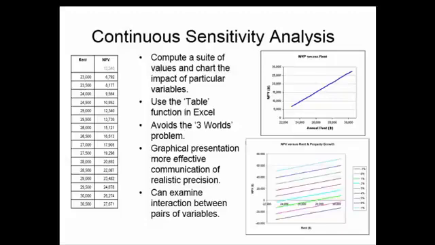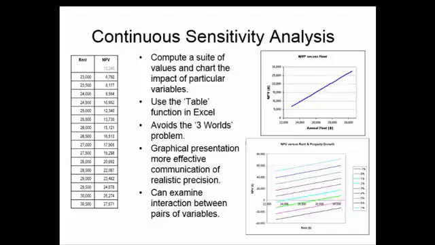We don't pretend to know net present value down to the nearest dollar. We probably only know it to the nearest $5,000 or $10,000. This suits a graphical presentation rather than the table presentation, because the graph is only able to be read at the level of precision which is comparable to probably the level of precision of the model itself.